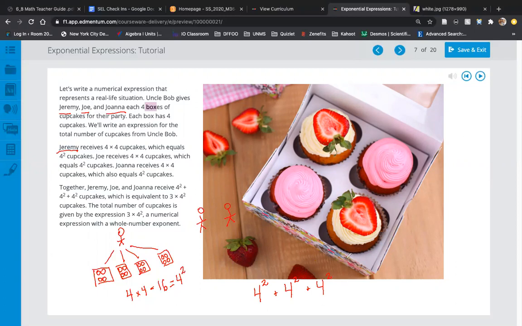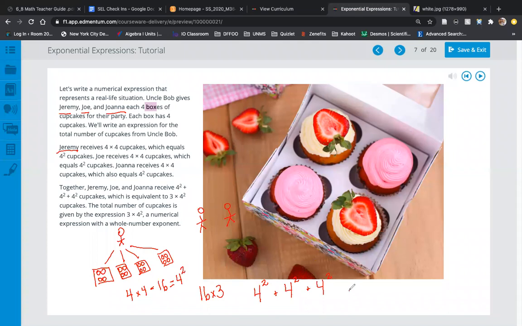I'm writing it like this because they're trying to emphasize the exponents today, right? Another way that we could write that is 16 times 3, because I have 16 3 times, right? Now, similarly, another way that I could write this here with the exponents is say, okay, I have 4 squared 3 times.